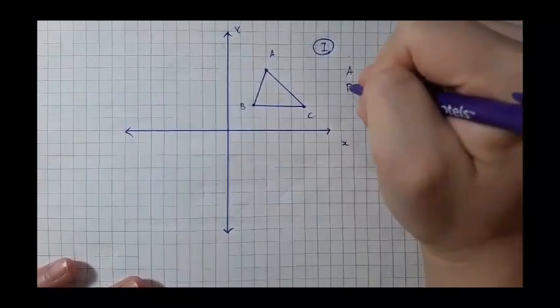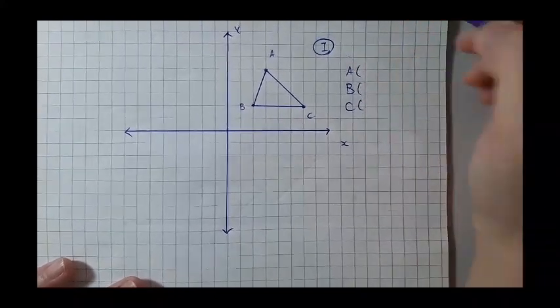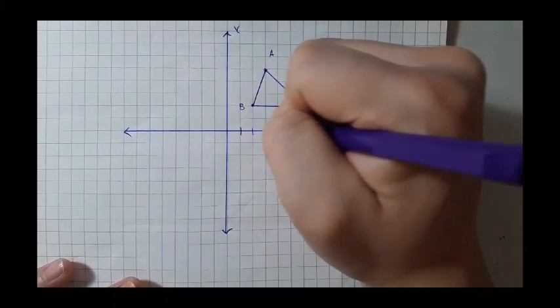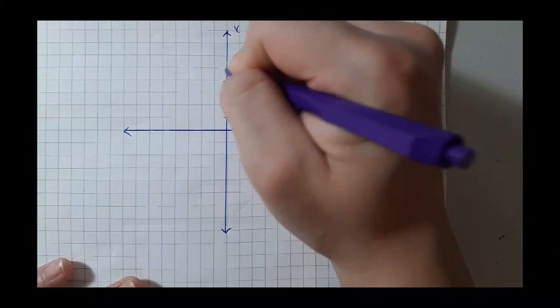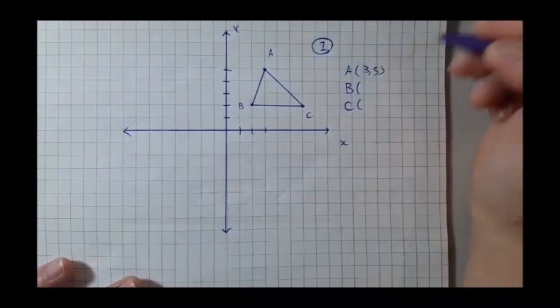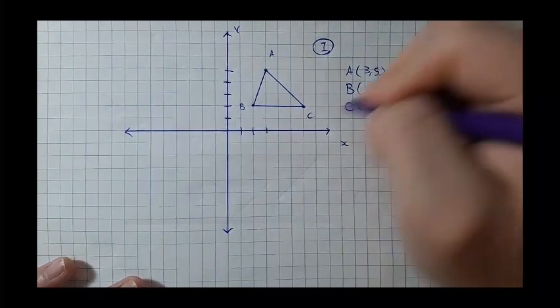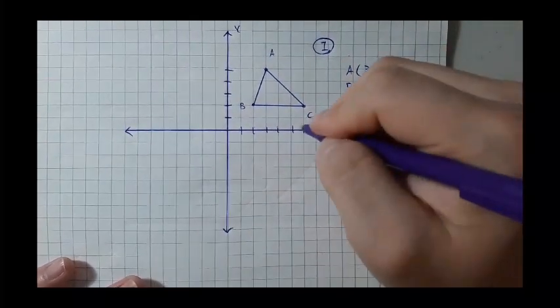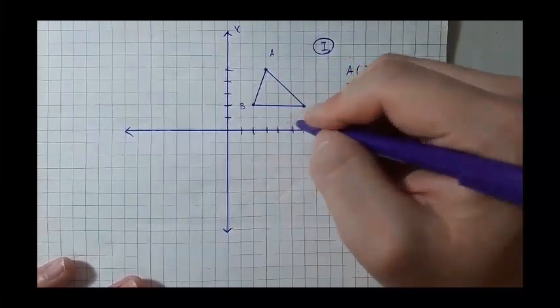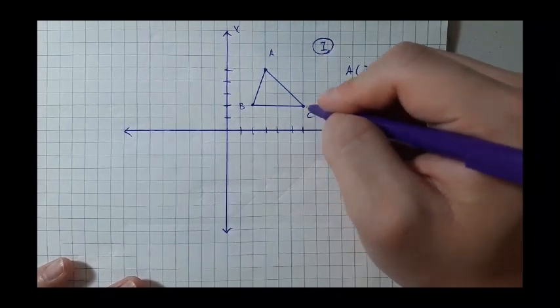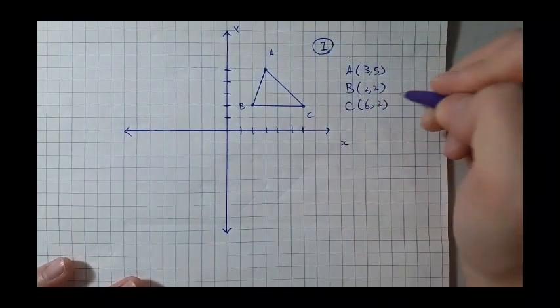You need to indicate the A location, B location, C location. So that's 1, 2, 3, 1, 2, 3, 4, 5: 3, comma 5. B is 1, 2 to the right, 2 up: 2, 2, 3, 4, 5. C is 5, 1, 2, 3, 4, 5. No, 6, sorry. 6 to the right, 2 up, so 6, comma 2.